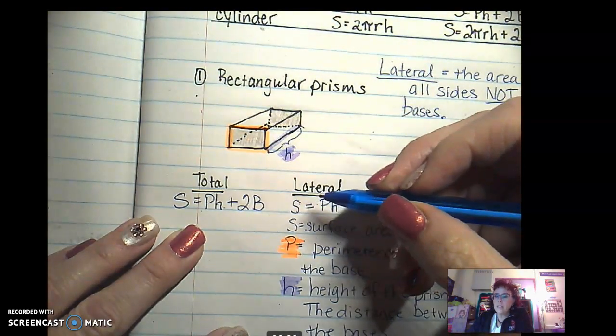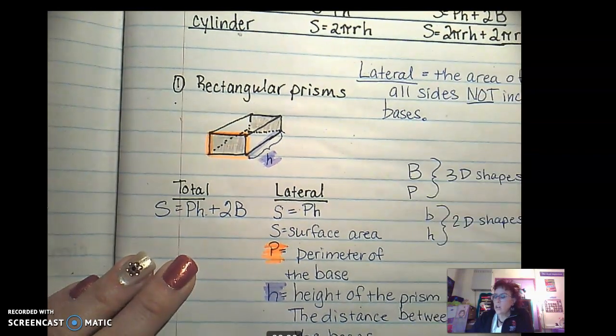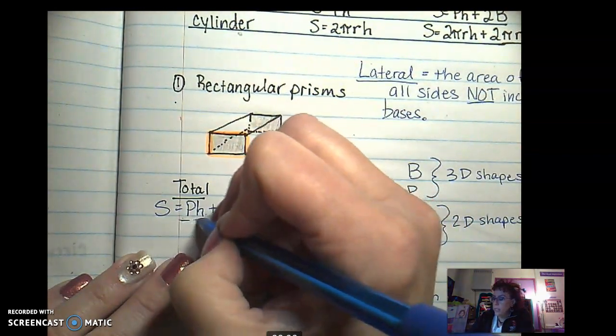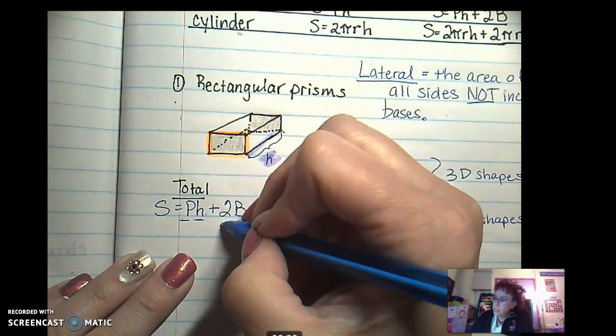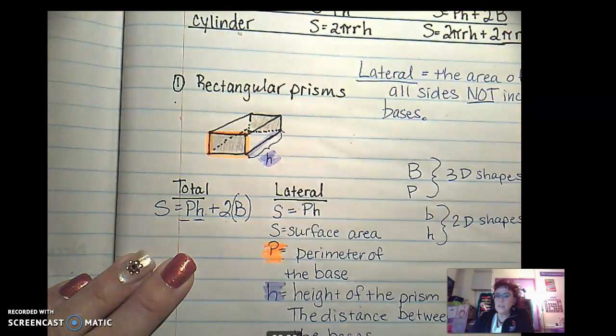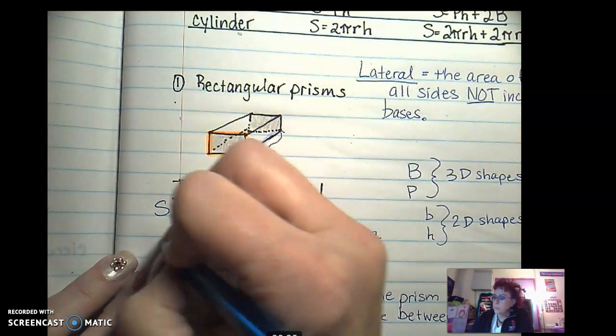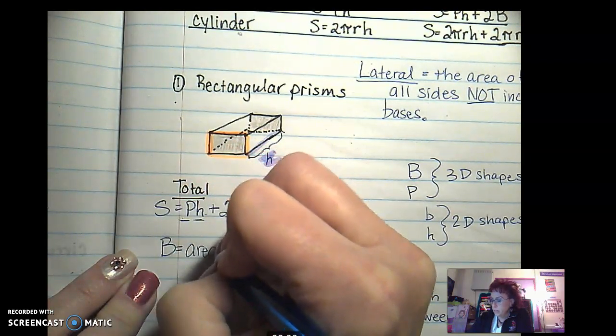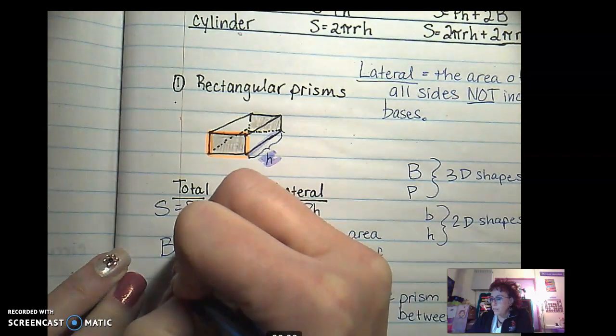Well, everything in there has a meaning, so let's look at what they're talking about. So we know what capital P is, we know what H is, and now we're going to be doing 2 times capital B, or big B. What does that mean? Okay, well, big B stands for the area of the base.